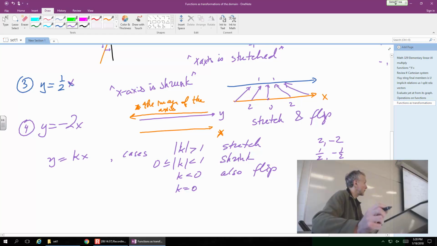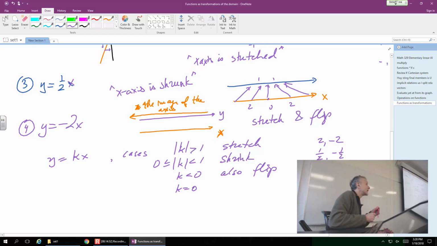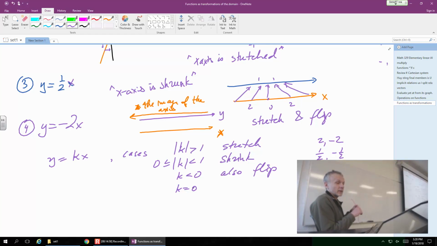What has happened to this? What happens to the x-axis? So this is the x-axis. What do I do to it?